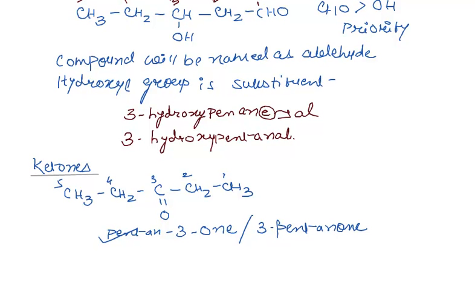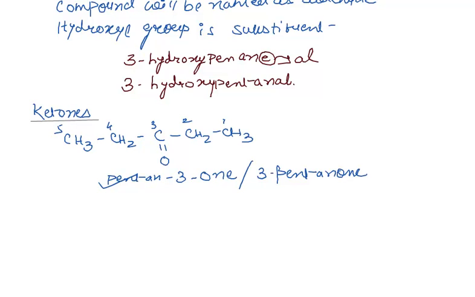I'll take up some more examples. That is CH3, CH2, CH2, C double bond O, CH3. This is also what? How many carbon atoms are there? 1, 2, 3, 4, 5.